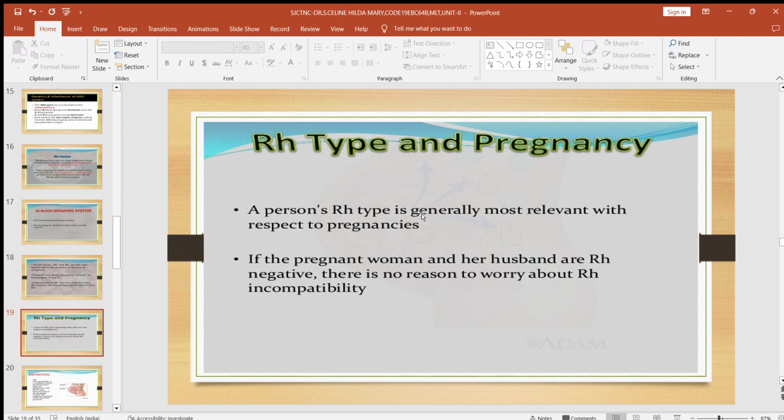RH type and pregnancy. A person's RH type is generally most relevant with respect to pregnancies. If the pregnant woman and her husband are both RH negative, there is no reason to worry about RH incompatibility.